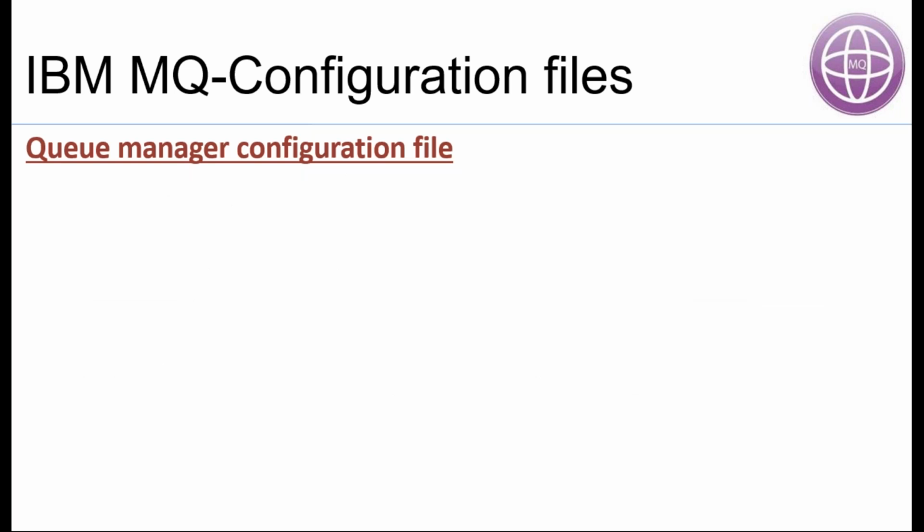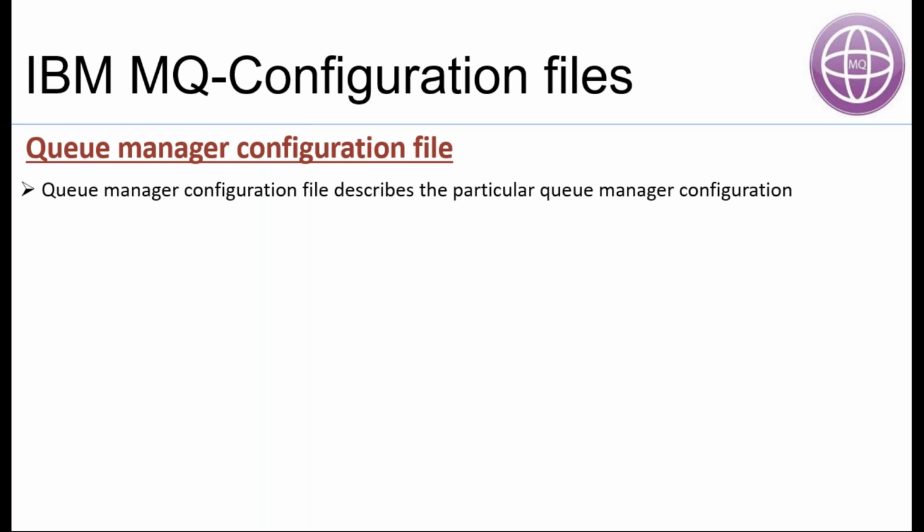First, let's start with the queue manager configuration file. It describes the particular queue manager configuration and is denoted by qm.ini. In any MQ server, if you see a file with the name qm.ini, you have to understand that it belongs to a particular queue manager configuration.